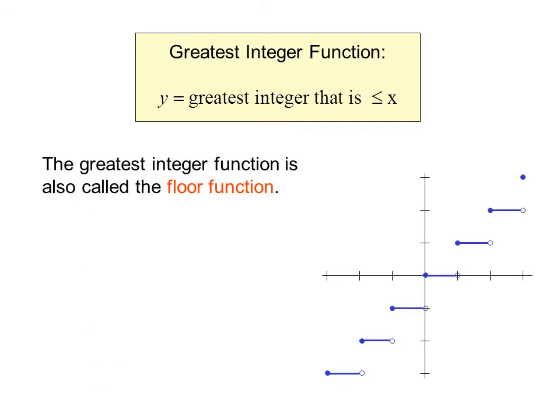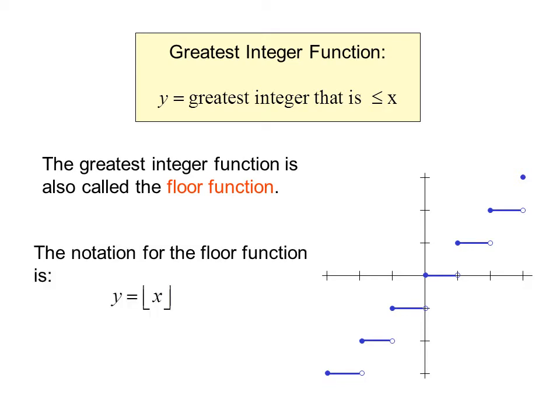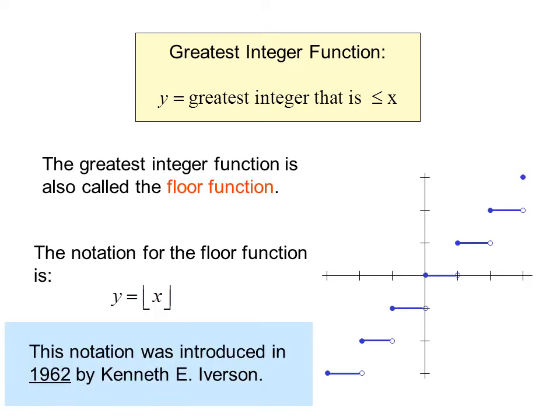The greatest integer function is also called the floor function. The notation for the floor function looks like this. So we have a special symbol that we use for the floor function. This notation was introduced in 1962 by Kenneth E. Iverson. 1962, which is quite recent by mathematics standards.